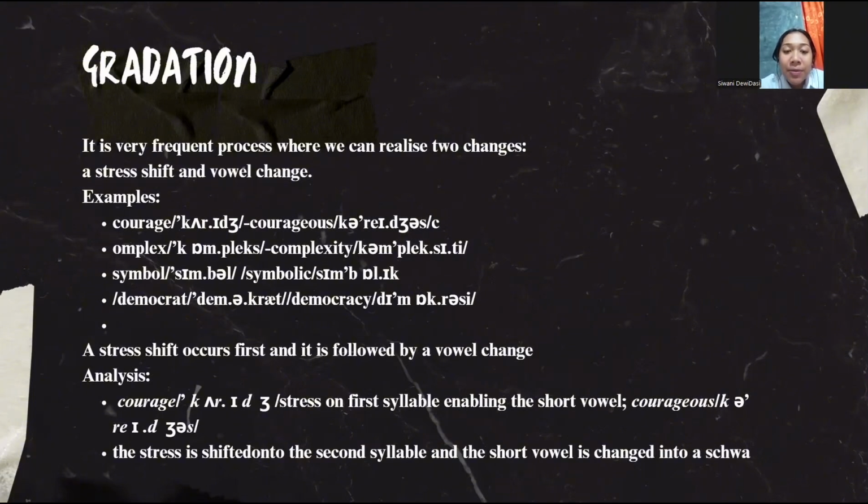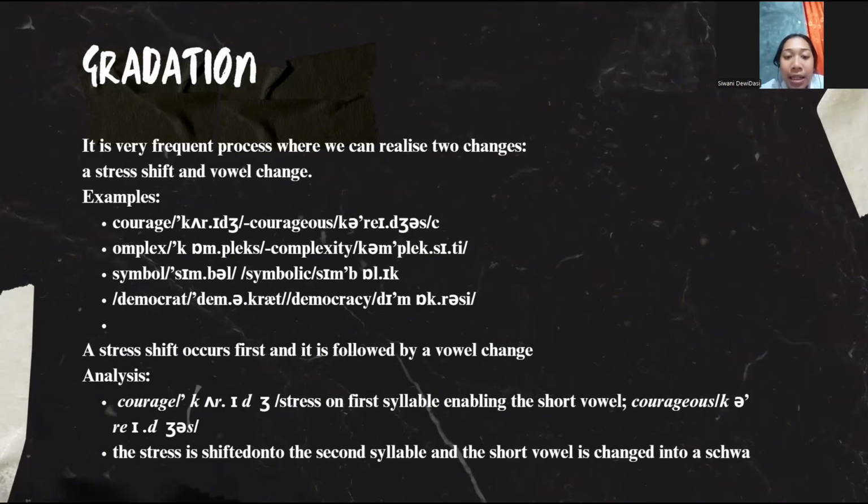The next stage is gradation. Gradation is a very frequent process where we can see a stress shift and vowel change. For examples: courage to courageous, complex to complexity, symbol to symbolic, democrat to democracy.